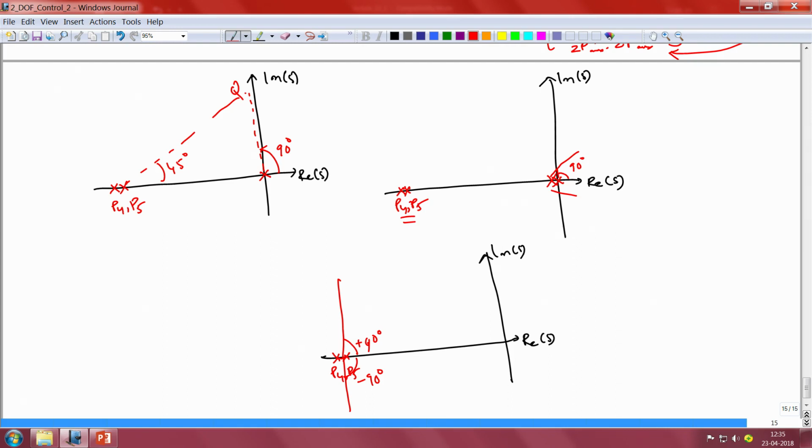Hence the last note in association with 2 degree of freedom control design performed using the root locus is that we have to ensure that the number of lumped poles near the origin, or in other words the difference between the number of poles and the number of zeros placed near the origin, should be equal to either 1 or 0 in order for our closed loop system to be stable.